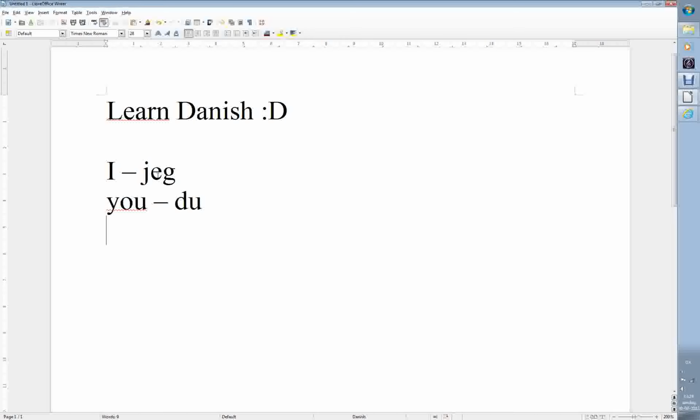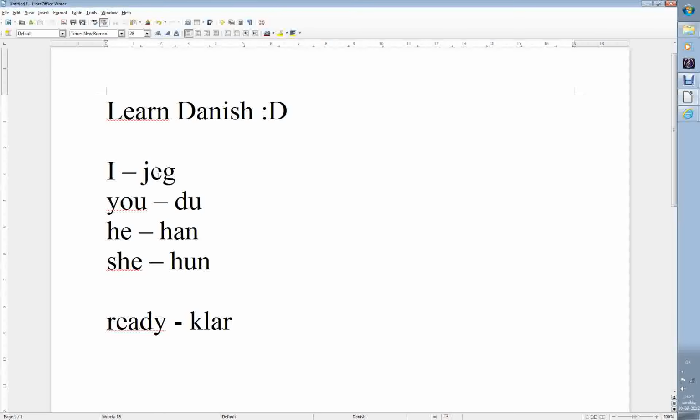And then we have he, which is han, and she, hun. And for now we'll stick to these so that will be easier to remember. And we'll also introduce ready, and we'll translate this with the Danish word klar.